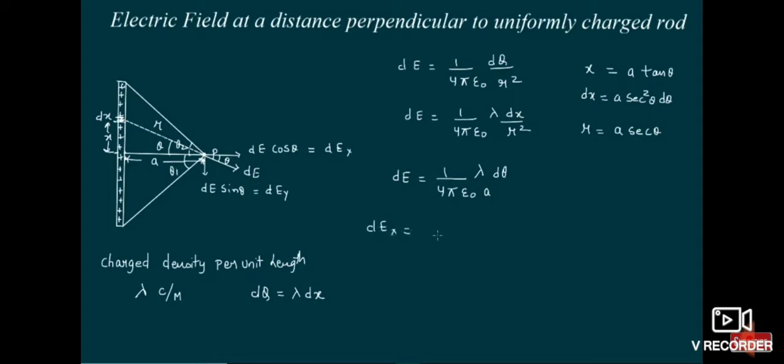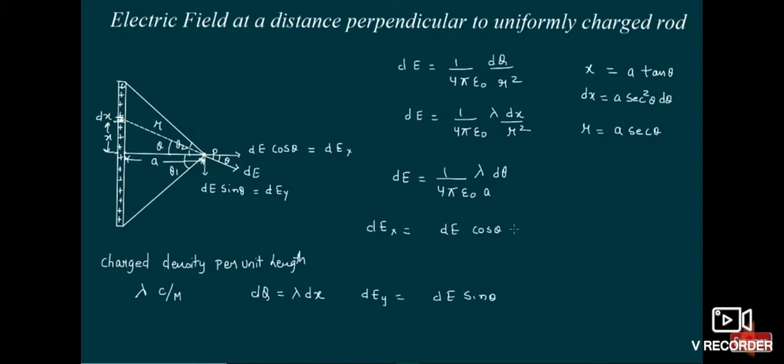The value of dEx equals dE cos theta, which is given by lambda by 4 pi epsilon a cos theta, and for dEy, dE sin theta. So for Ex and Ey we have to substitute the value.